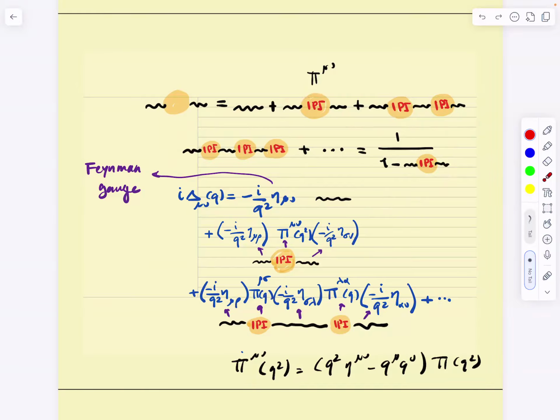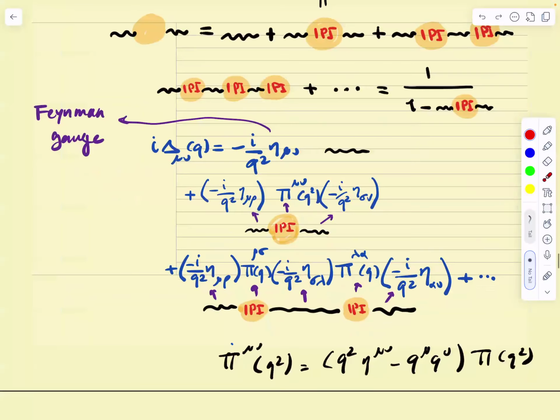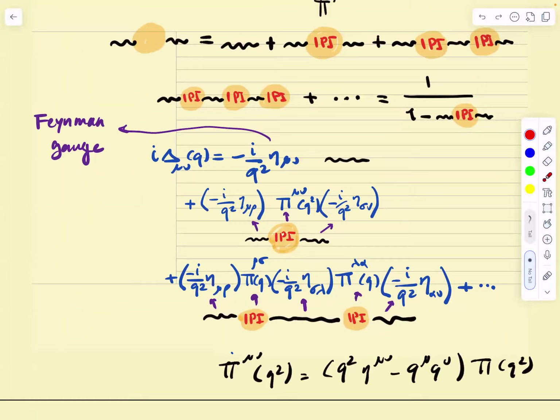Good? Now, to see how it works, think of the propagator, the first term. So it's i over q squared eta mu nu in Feynman gauge, right? Then what is the 1 pi? We call it pi mu nu, right? And then there's a propagator here, there's a propagator here. Now you look at this guy: there is a propagator, 1 pi, propagator, 1 pi, propagator.